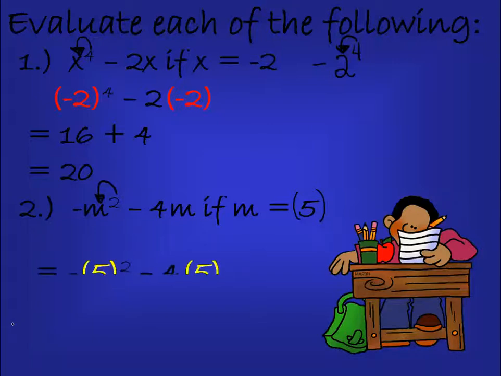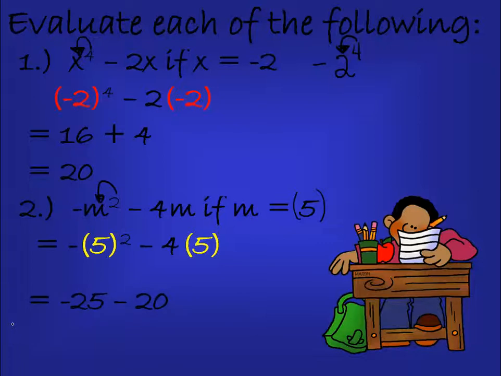So when I rewrite this, I would write negative and then in parentheses 5 squared minus 4 times 5. 5 squared is 25, so I have negative 25 minus 20 because 4 times 5 is 20. Negative 25 minus 20 is negative 45.